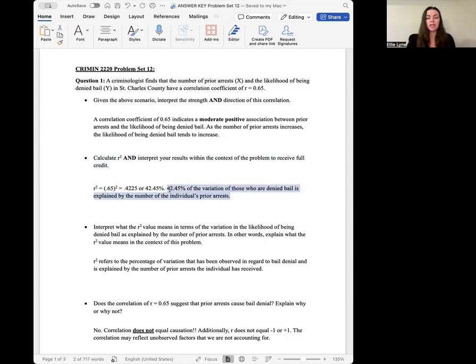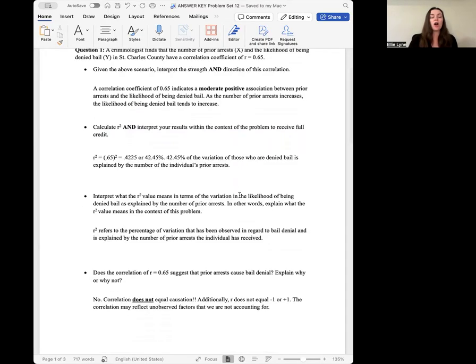But this is really the key information that we want to report here. And so what does this actually mean for us? 42.45% of the variation of those who are denied bail is explained by the number of the individual's prior arrests. And so that's what the R squared value allows us to actually show here.